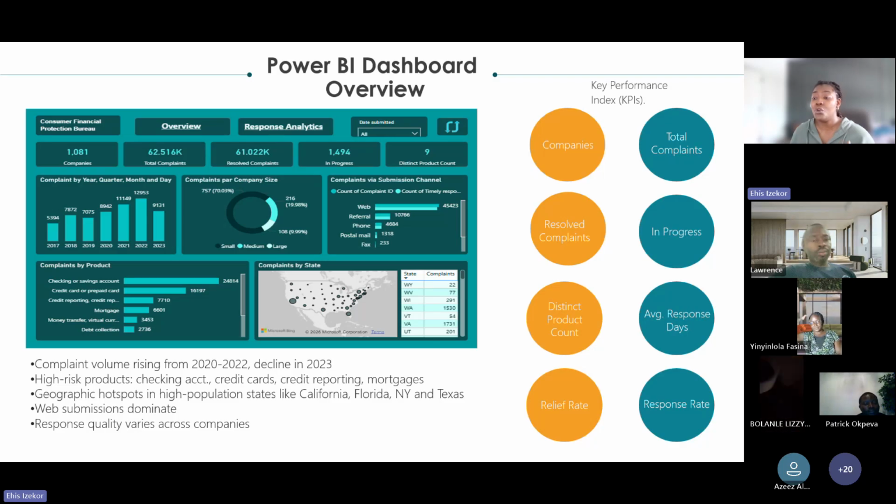Most clients use the web to submit their complaints, so web got the most complaints. For company size comparison, we found that smaller companies have 70% of those complaints compared to large companies, which is about 10%, and average companies about 20%.